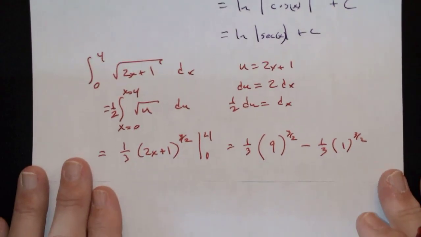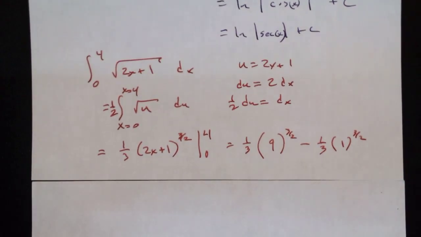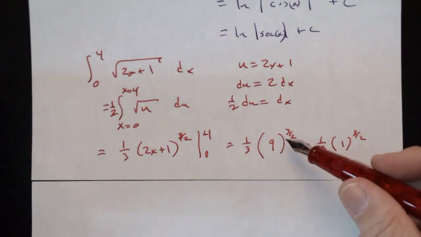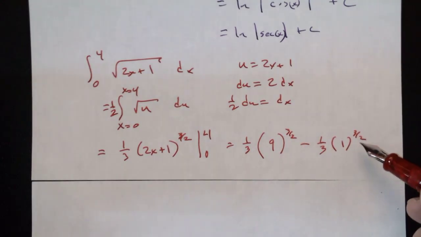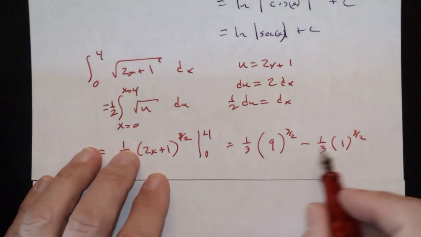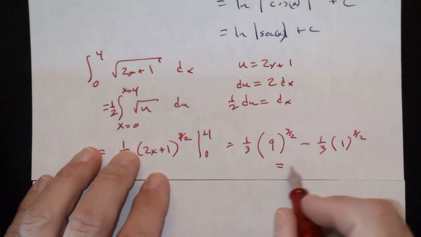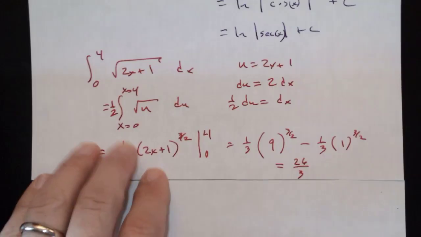And I get this lovely answer. What's square root of 9? 3 cubed is 27. 1 to any power is 1. So this is 27 minus 1, all divided by 3. That's 26 over 3.